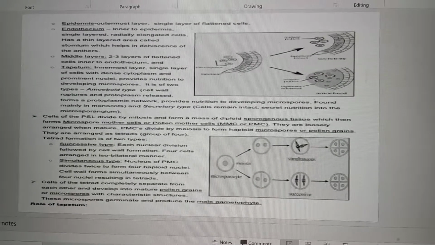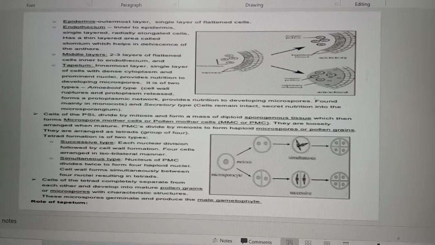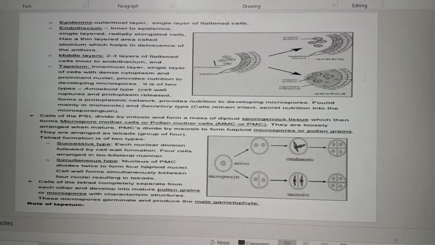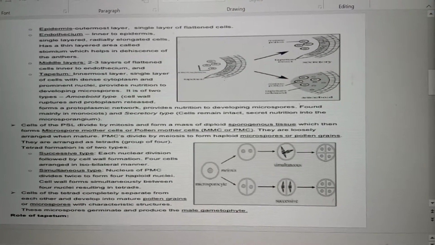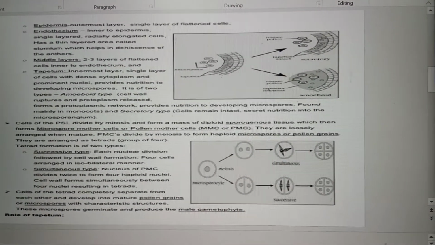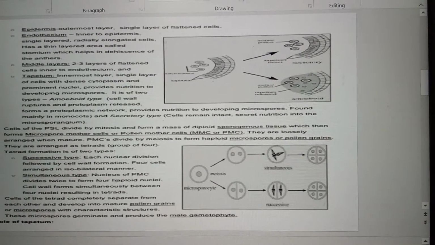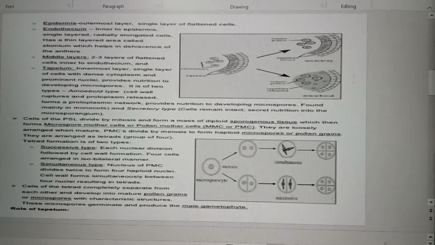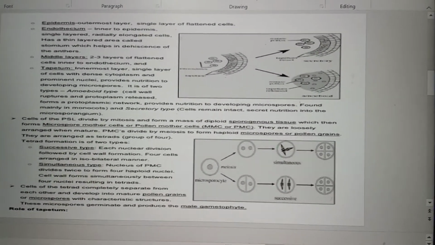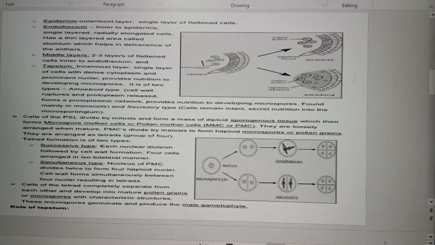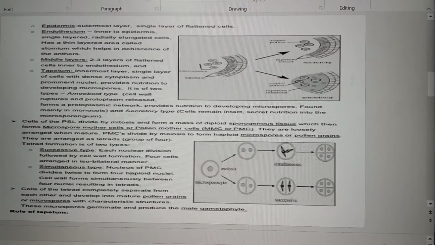So the primary sporogenous layer may divide to multiply and form a large number of microspore mother cells. The microspore mother cells divide mitotically, and when finally the microspore mother cell is formed, it divides by meiotic divisions, and one microspore mother cell leads to the formation of 4 haploid microspores or pollen grains.